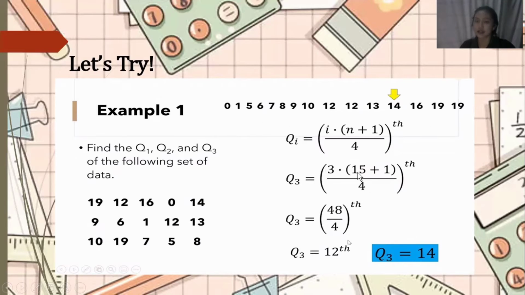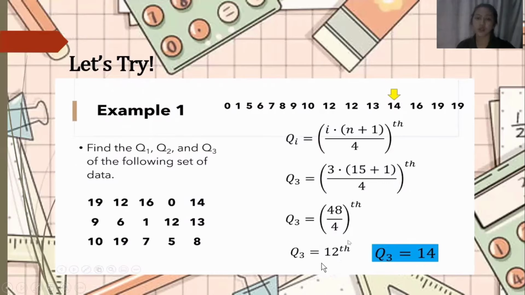Kaya po 15 ang nandito. So, 15 plus 1 is equal to 16. Diba? Multiplied by 3 is equal to 48. Divided by 4, the answer is 12. So, the 12th number will be the quartile 3.